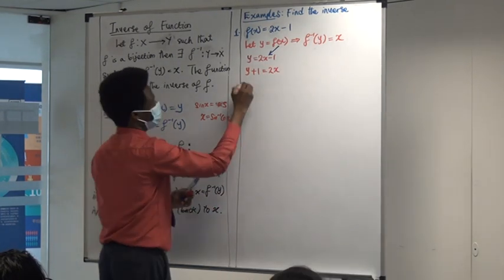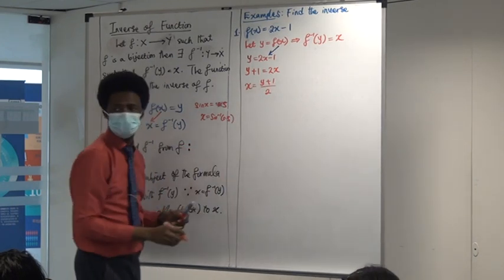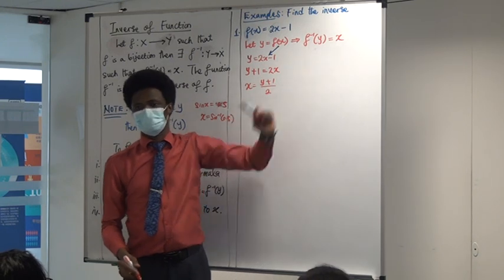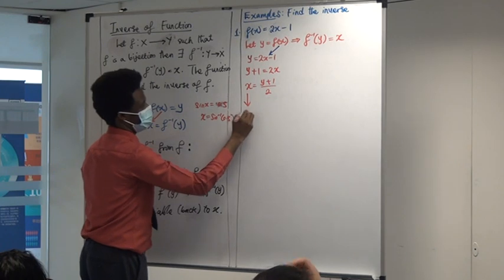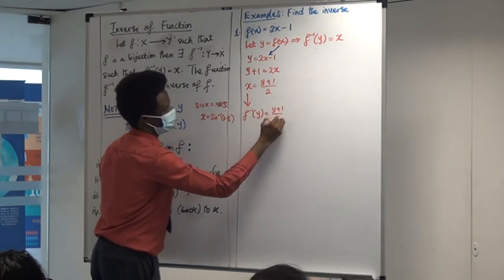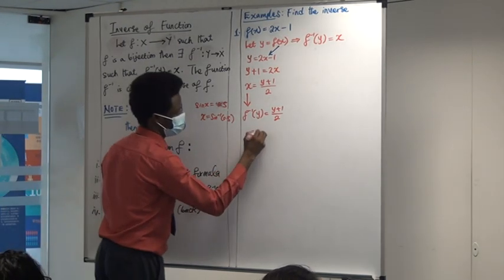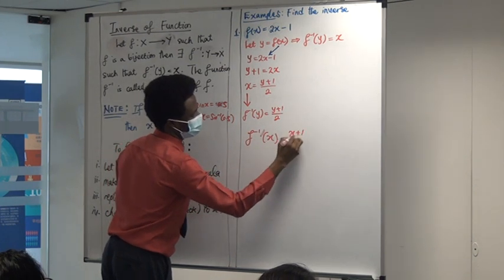So I can say x is equal to y plus 1 divided by 2. But we already said that x is f inverse of y. So I can replace it here: f inverse of y is y plus 1 divided by 2. Just change the variable, which means f inverse of x is simply x plus 1 divided by 2.